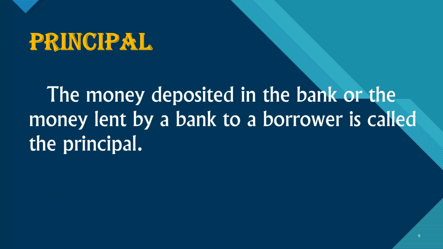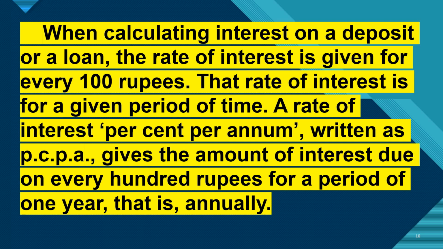Now we will see what is a principal. The money deposited in the bank or the money lent by a bank to a borrower is called the principal or principal amount. When calculating interest on a deposit or a loan, the rate of interest is given for every 100 rupees.